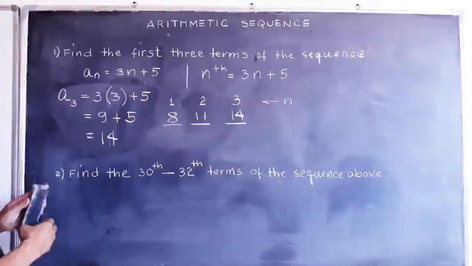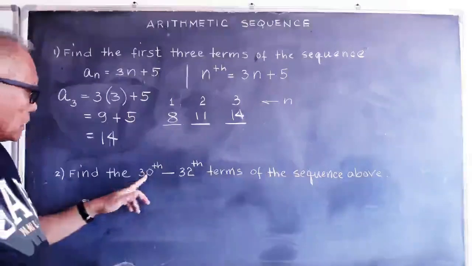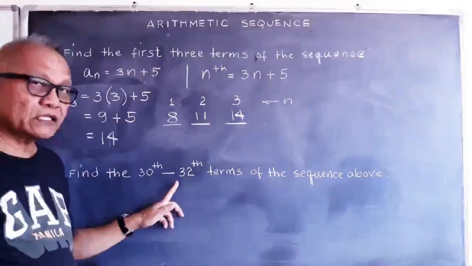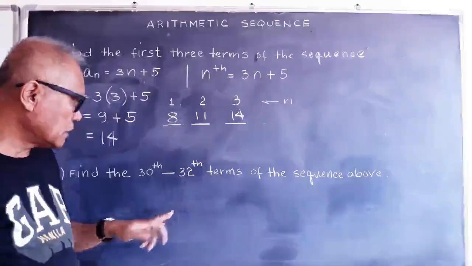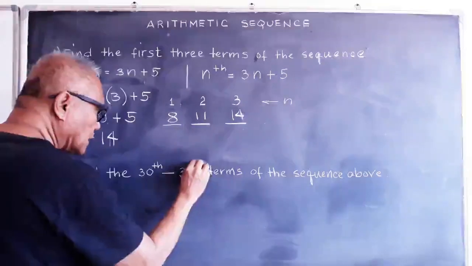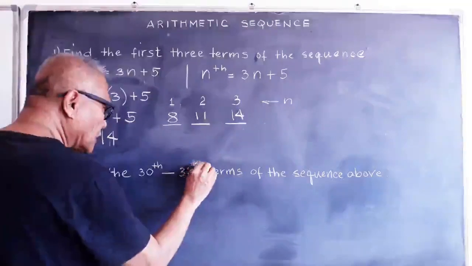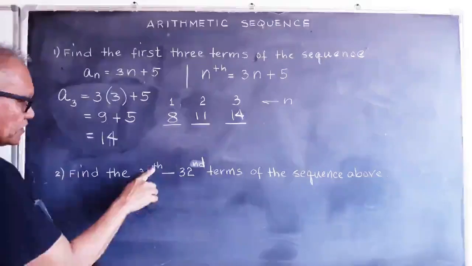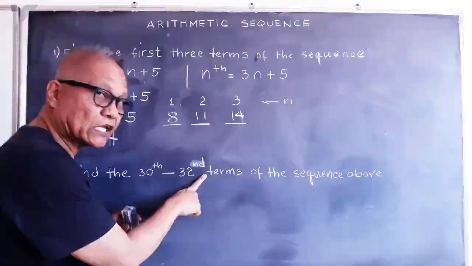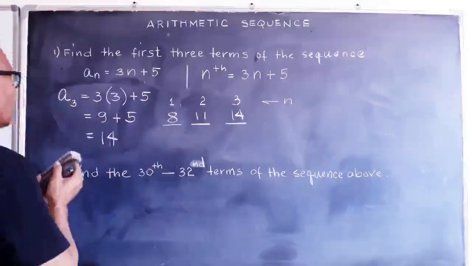Okay, let's have number 2, in which we are finding the 30th term, the 31st, and the 32nd. You have to put the th there.